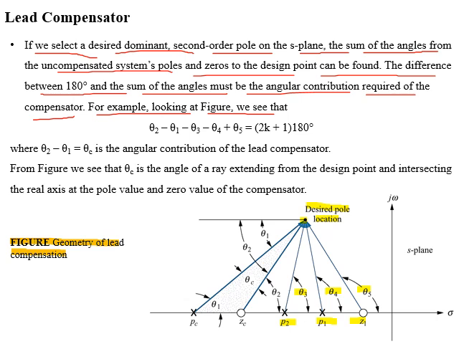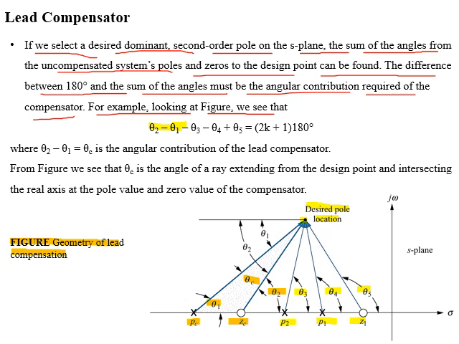Now to this system for compensation we add a lead compensator, which has a compensator zero and compensator pole, and their vectors are also connected to the desired point and respective angles are also given.